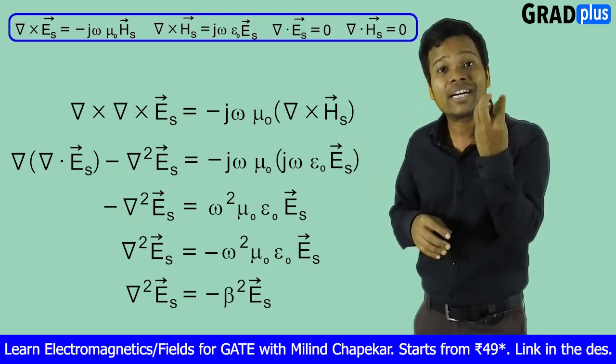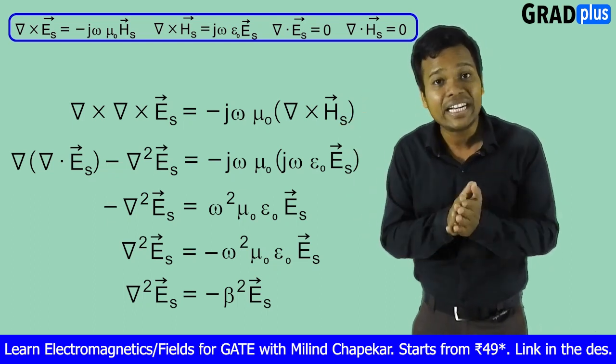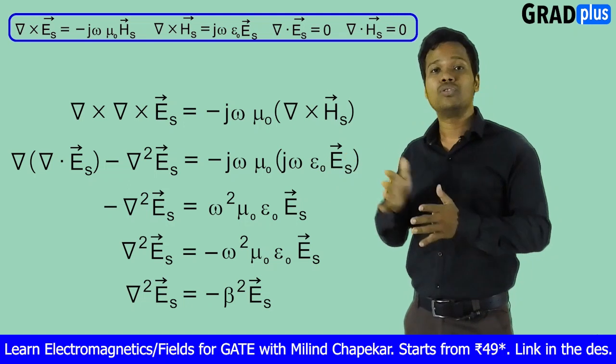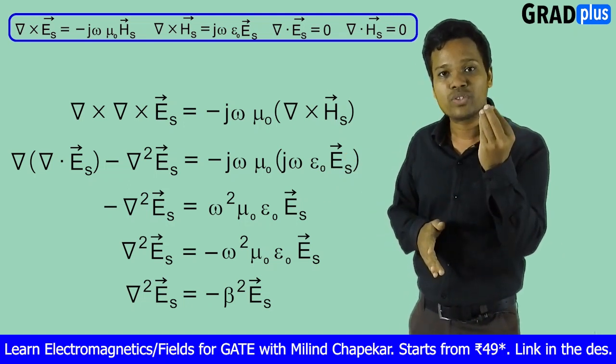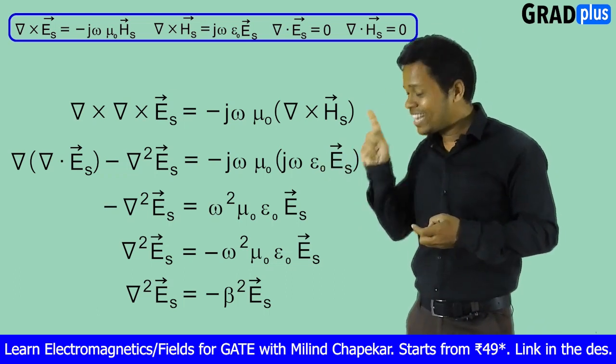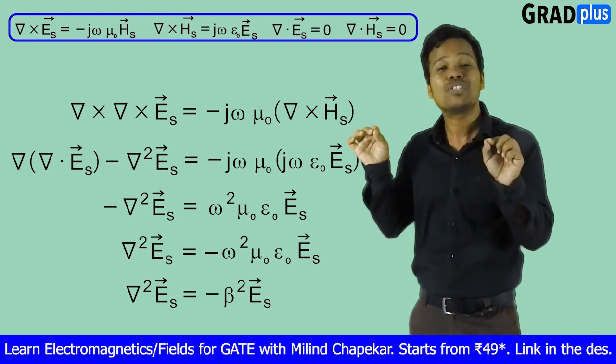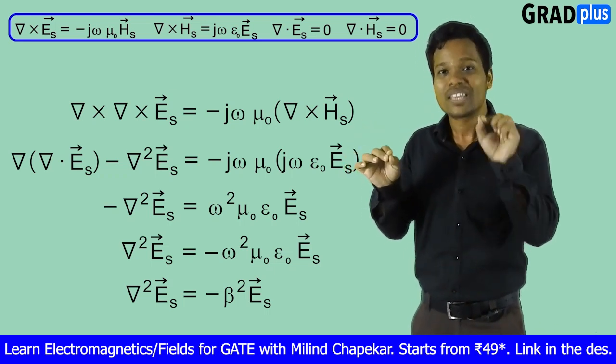We apply the vector identity, yes or no, and using that vector identity, we simplify those things, and as you can see on the screen, we finally get the equation del square E equal to minus beta square E. Yes or no?